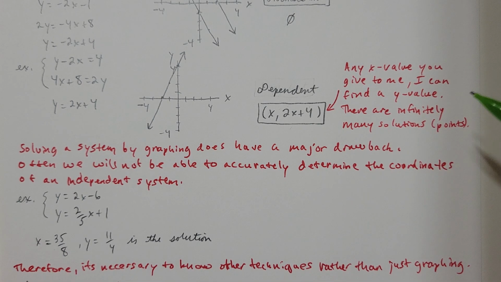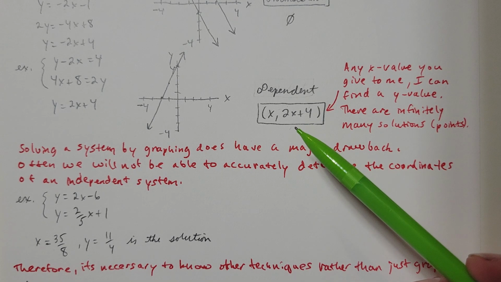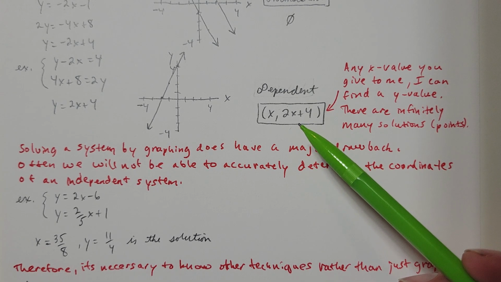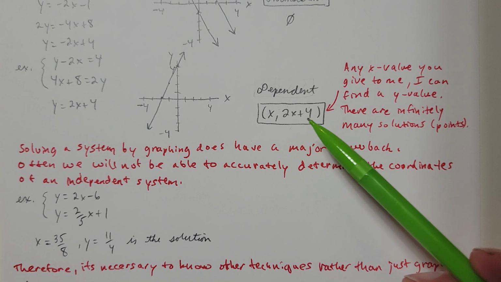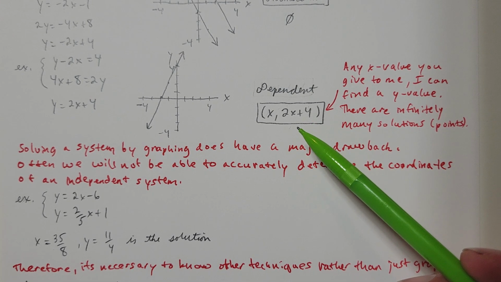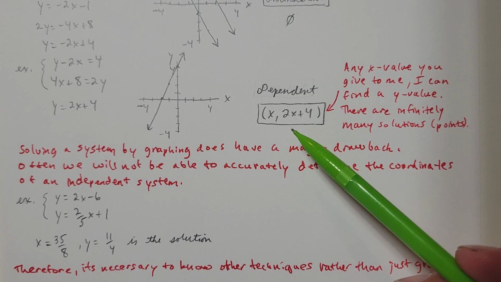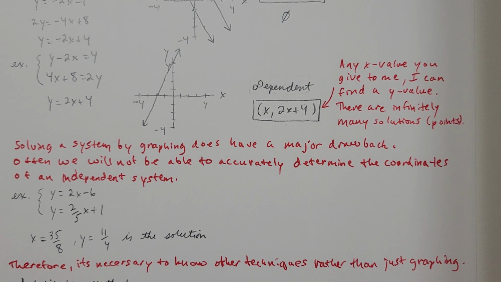Okay, now this answer is a way to describe to somebody that there's infinitely many answers to the system. Because if you give me any x value, I can always find a y value by taking 2 times that number and adding 4. The point is that you can give me any x value to start, right? So I'm going to have infinitely many solutions come up to this.